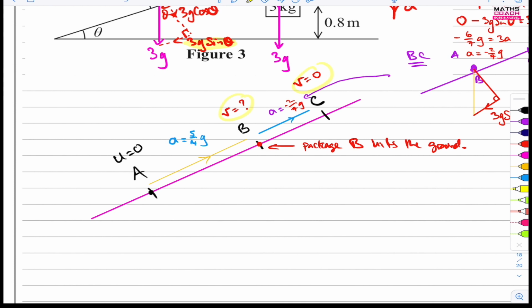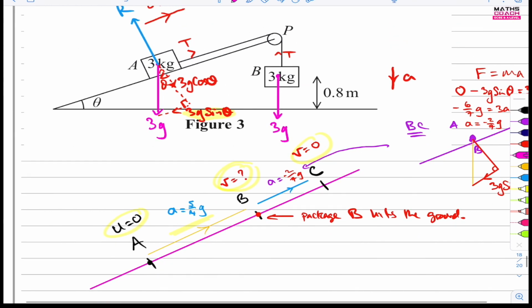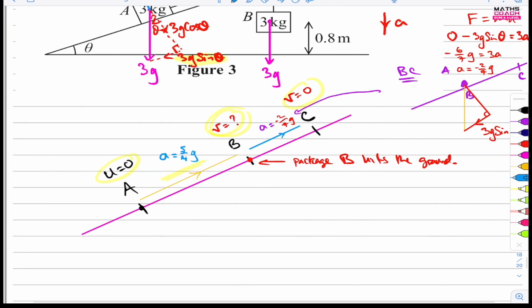So we know that it starts off at rest, is accelerating at 5 over 14g, and it reaches a speed of v, which we need to work out. Now the distance traveled from A to B is the same distance that B travels as it hits the ground, and that's equal to 0.8 meters.